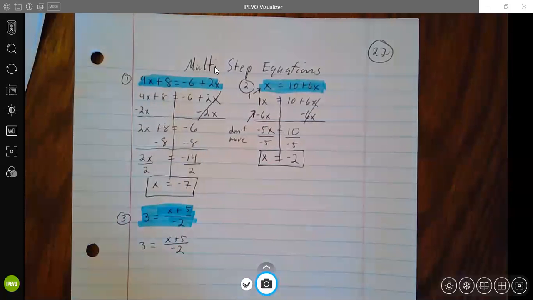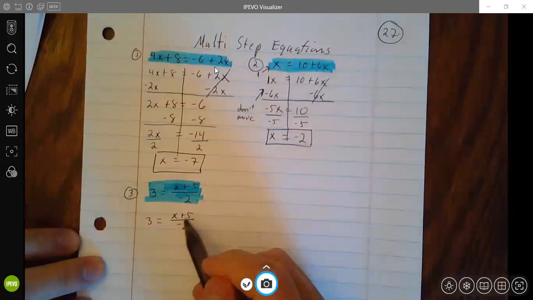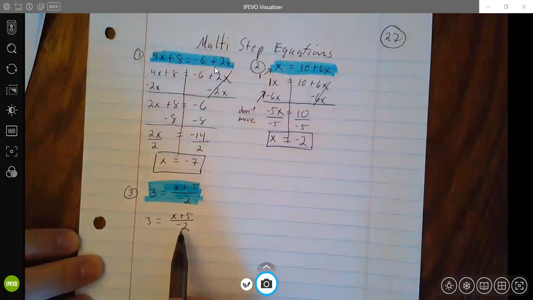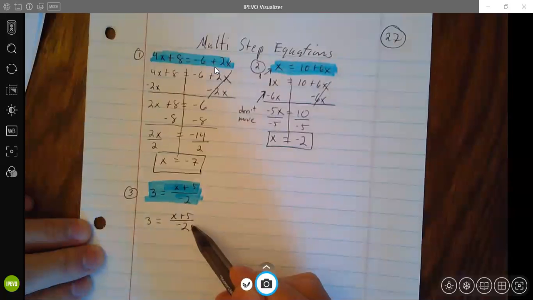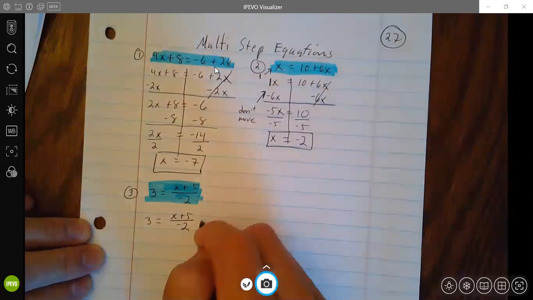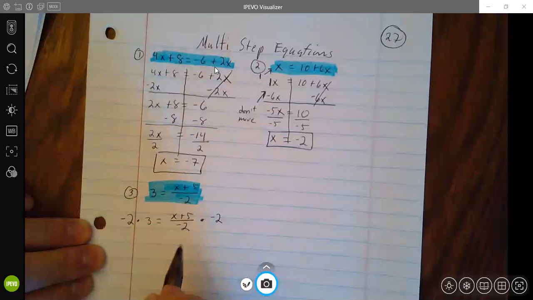So on one like this, realize the right side, the entire right side is a fraction. Okay, so I want to divide here. I want to multiply here first, okay? Usually I say do the addition subtraction first, except when it looks like this. Right? I want to multiply by that negative 2 on both sides. I want to multiply by the denominator on both sides.